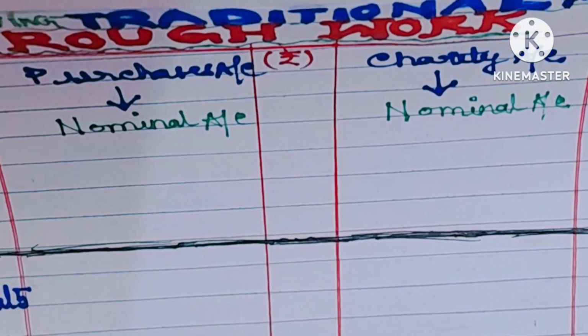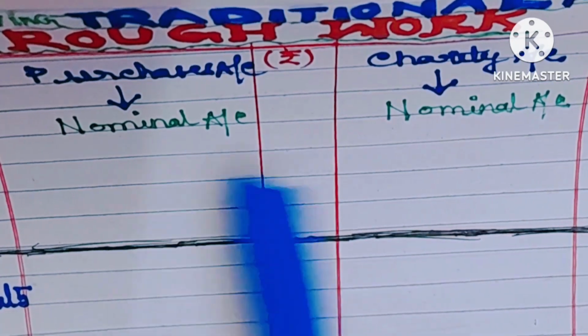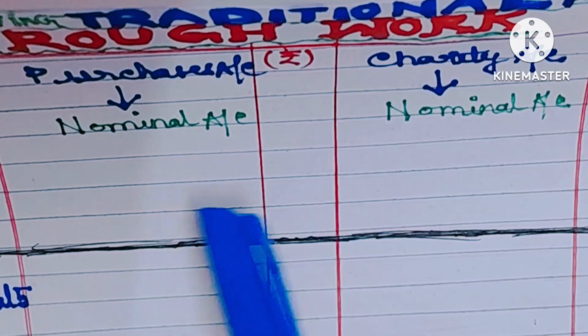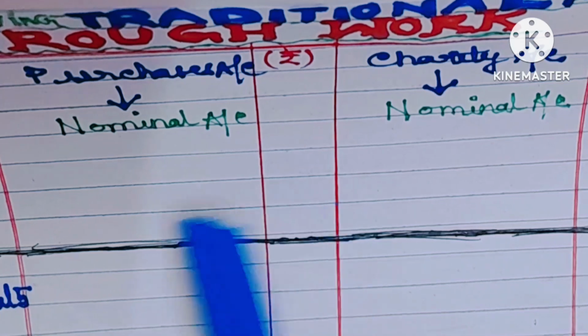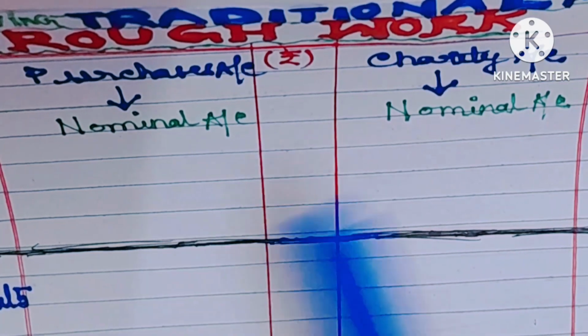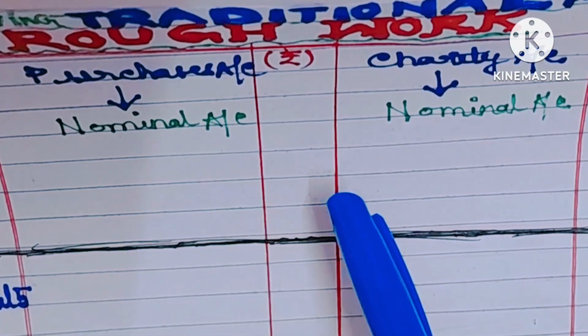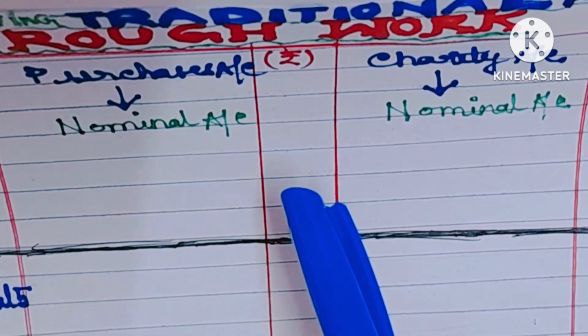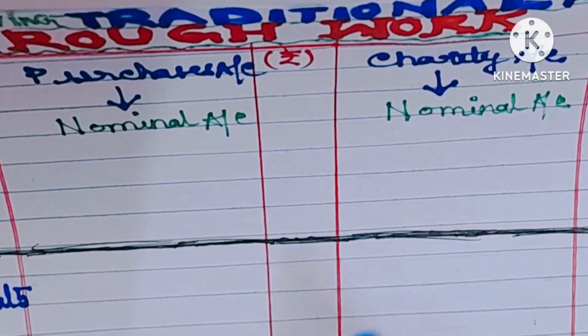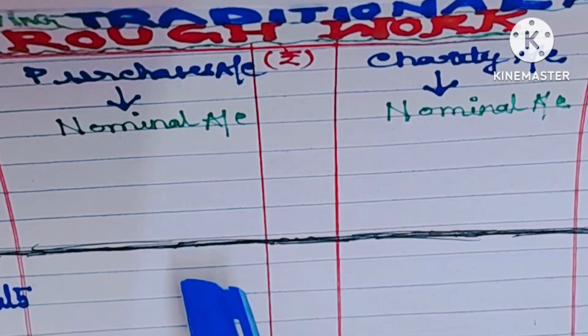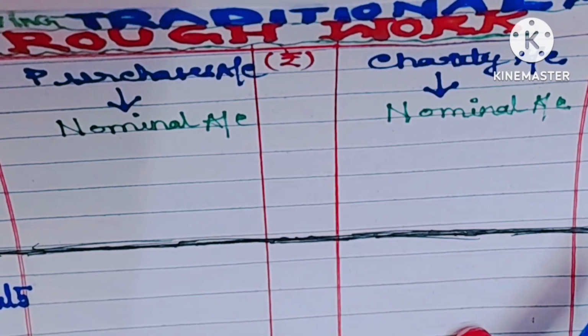Understood? So please remember, the traditional method or the 3 golden rules of accounting is not applicable here. Here we have to reduce the amount. So to reduce the amount, we have to write purchases account on the credit side because goods worth rupees 20,000 is no more in the business. Understood?